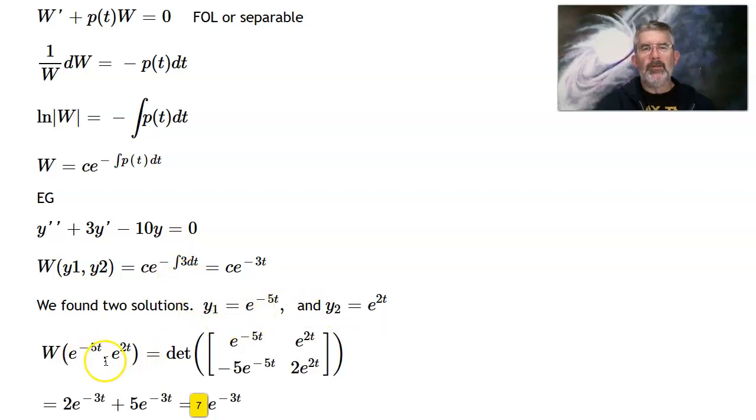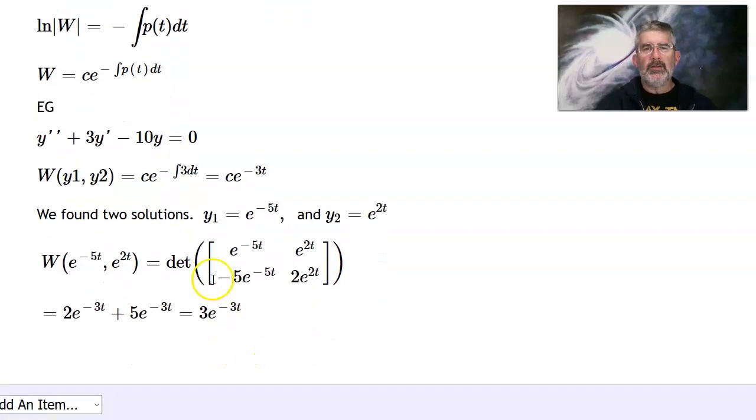And if I look at the Wronskian of those two, I get the determinant of this thing, which is 2e to the negative 3t minus negative 5, hence the plus 5e to the negative 3t, which is 7e to the minus 3t. So the Wronskian of those two solutions was 7e to the minus 3t. If I'd chosen a different pair of solutions, for instance, we noticed because this is homogeneous, once you have one solution, you can just multiply it by a constant to get another solution.